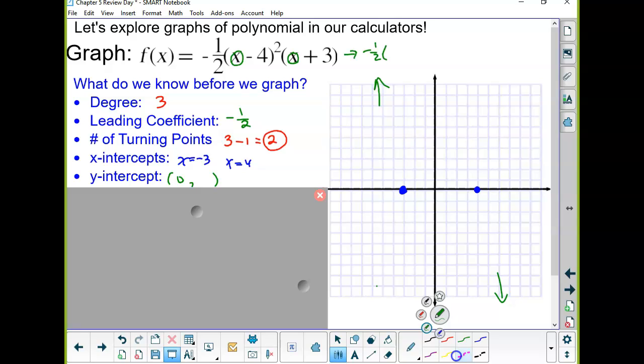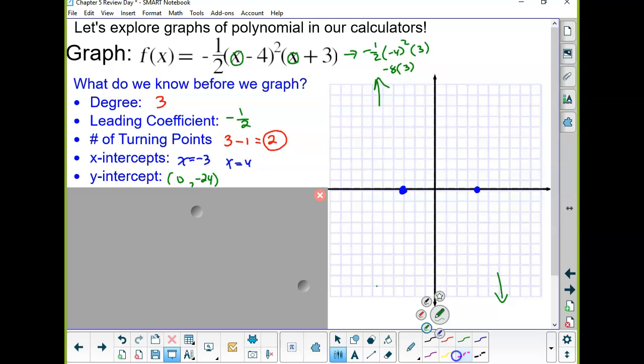I get a -1/2 times -4 squared times 3. Well, -4 squared is 16. Half of 16 is 8, but we're going to take the opposite of that, so it'll be -8 times 3, which ends up being -24.